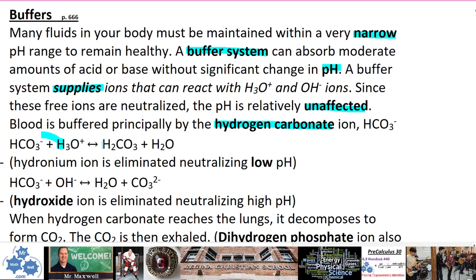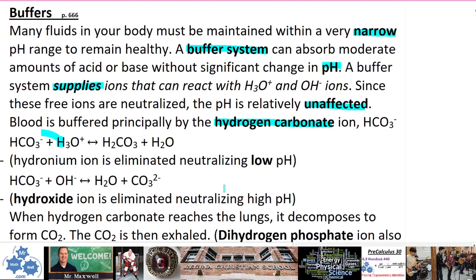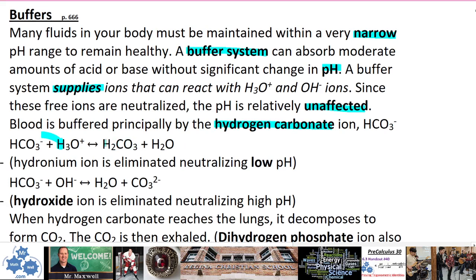This H2CO3 is more of a neutral compound, not acidic or basic, neither is water. So it takes this acid threat and neutralizes it.